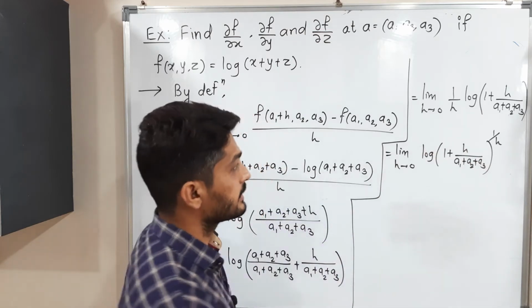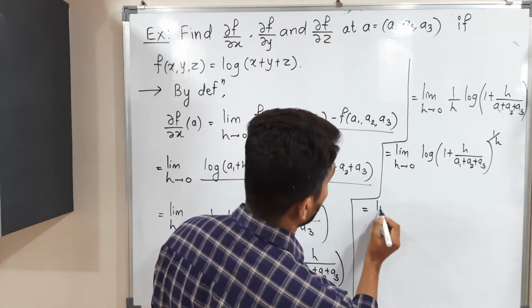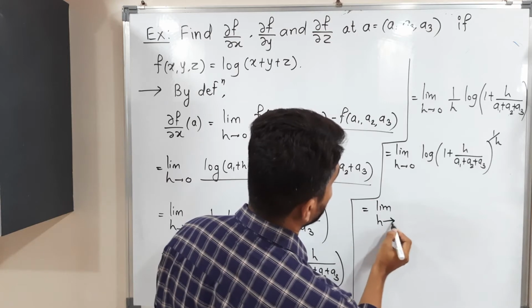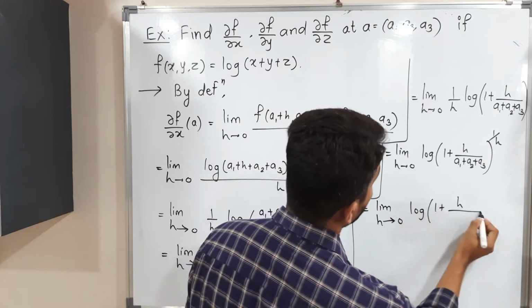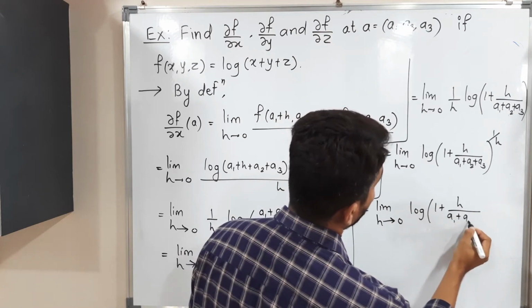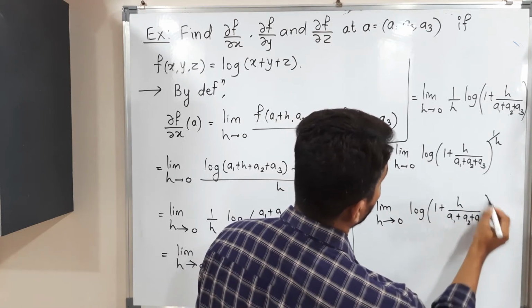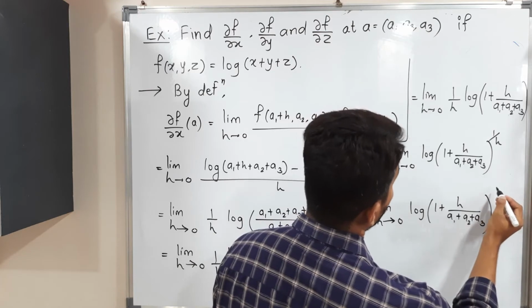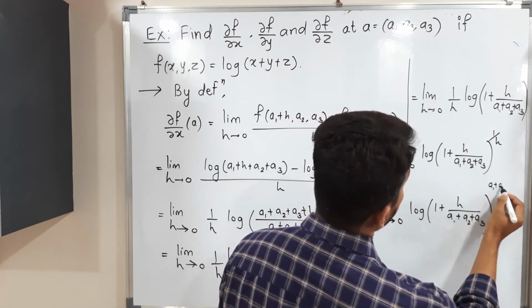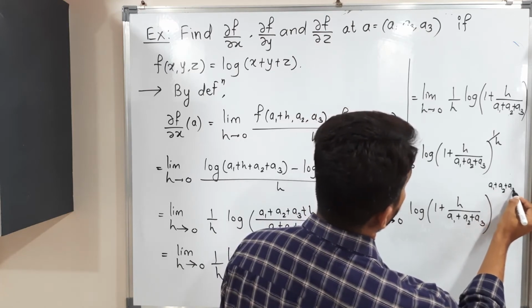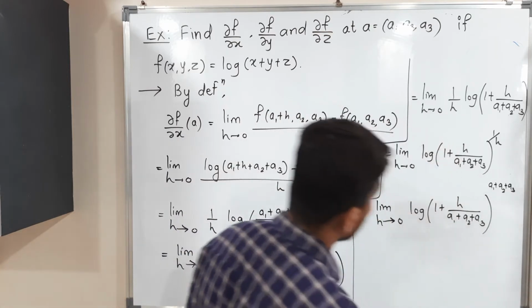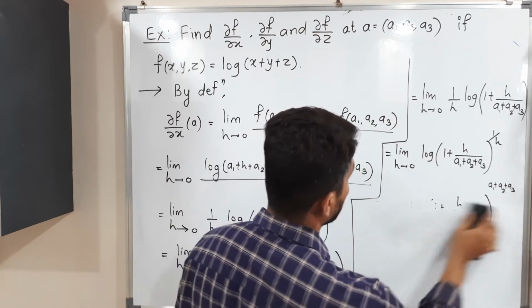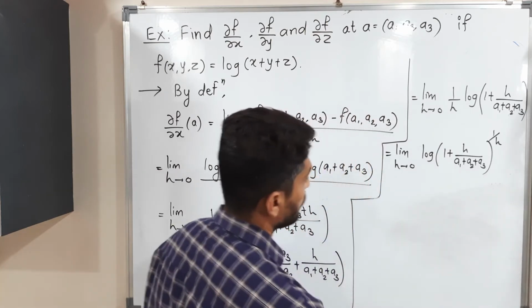Okay, so let us adjust its reciprocal. So this is equal to limit h tends to 0 of log(1 + h(a1 + a2 + a3)). Just a minute, more space is required, so I will write properly to adjust the space.